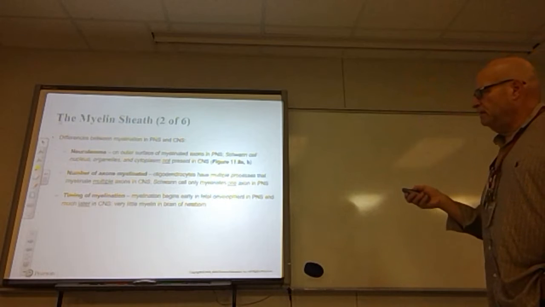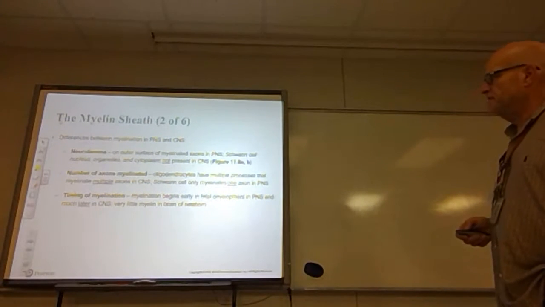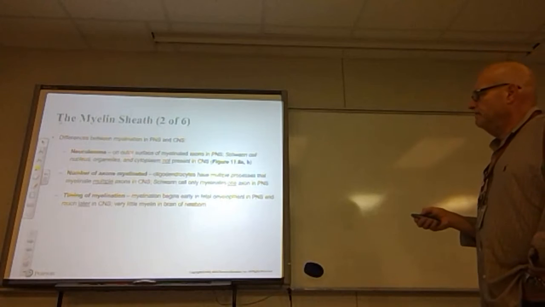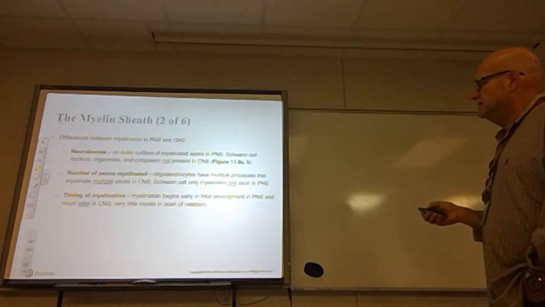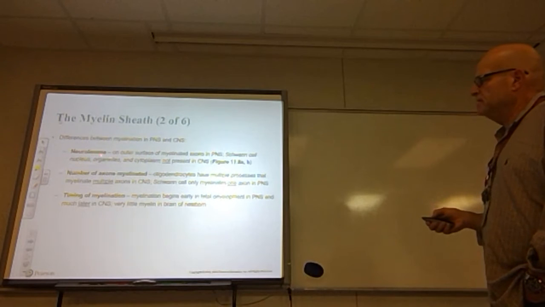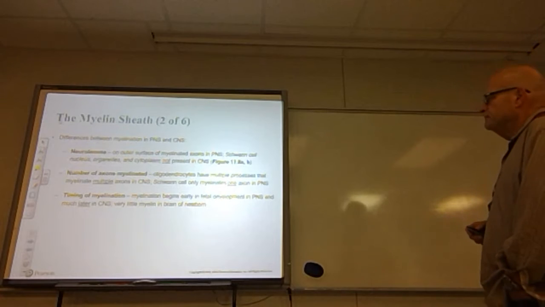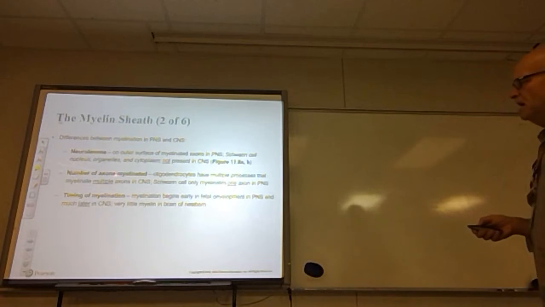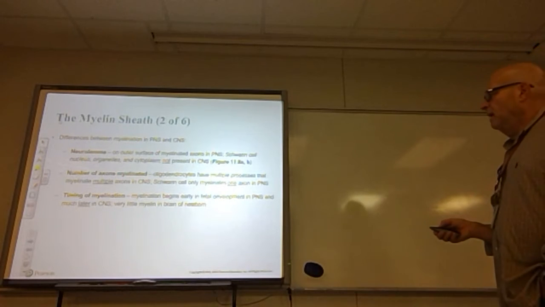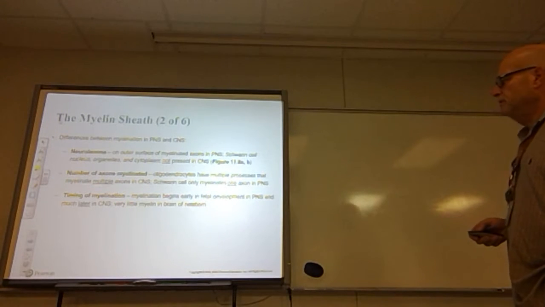Cell differences between myelination in the peripheral nervous system versus the central nervous system. The neurolemma, or the outer surface of myelinated axons in the peripheral nervous system, is made up of a Schwann cell, which has a nucleus, organelles, and cytoplasm, not present in the central nervous system. The number of axons that are myelinated: the oligodendrocytes have multiple processes that myelinate multiple axons in the central nervous system.